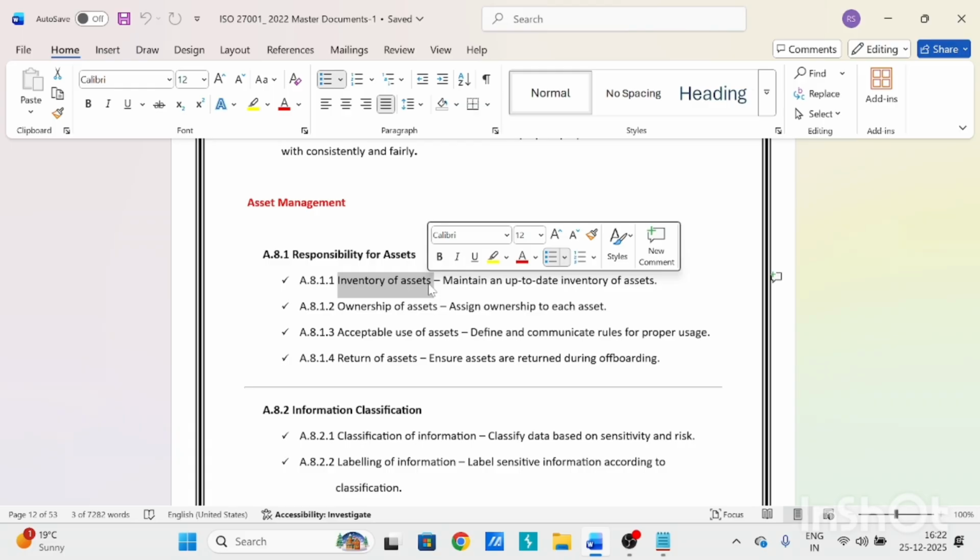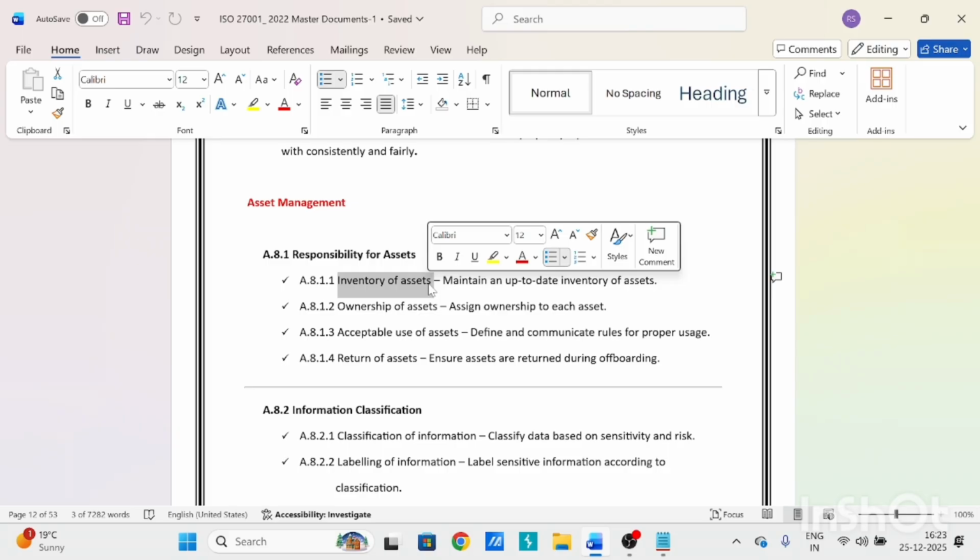Return of assets: at the time of resignation, transfer, etc., assets should be returned during offboarding of the employees. Asset management should be a critically audited part for an organization.